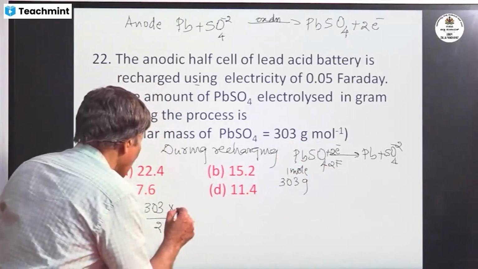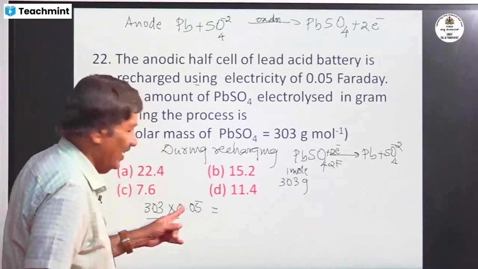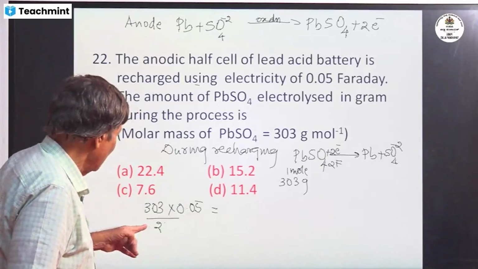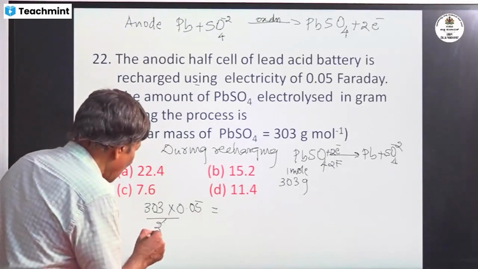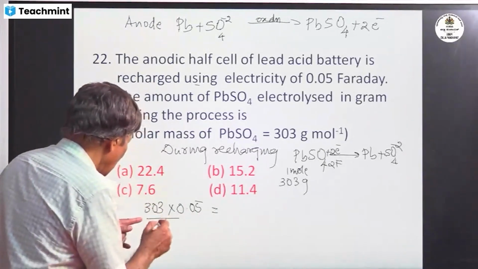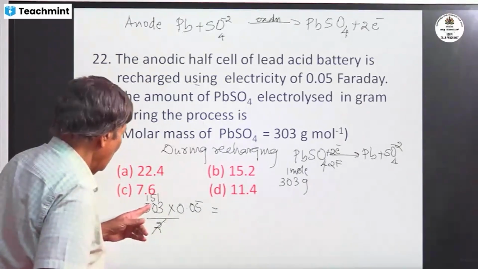Therefore, for 0.05 Faraday, it becomes 151, isn't it? Almost 151.